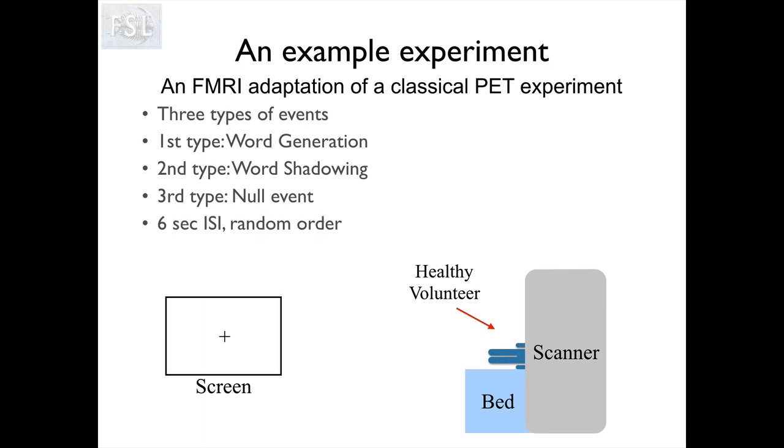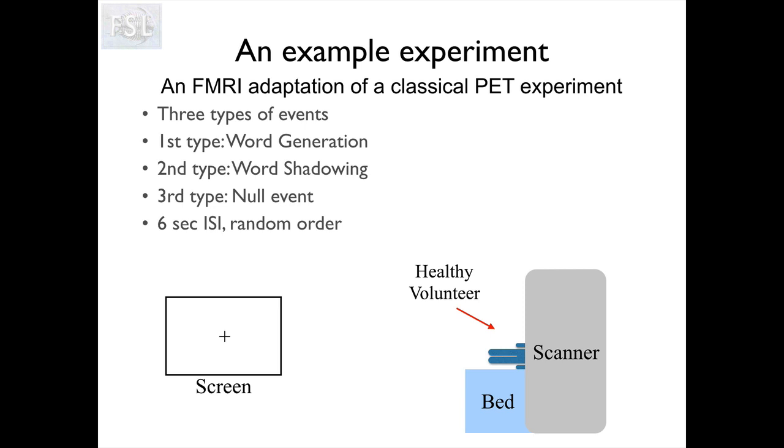There are some other things we need to know as well, for example the ISI, or InterStimulus Interval. In this experiment we have a 6-second InterStimulus Interval, which means that every 6 seconds, an event of one of these 3 types will be presented.